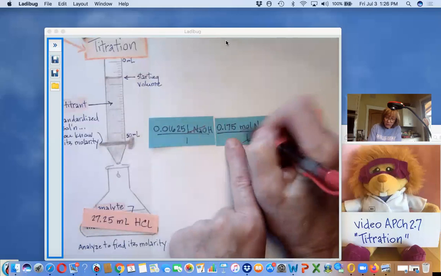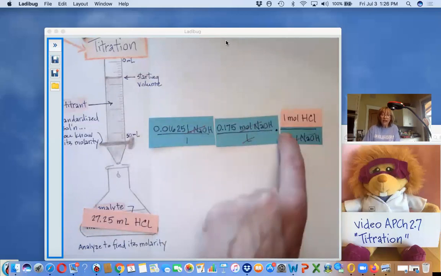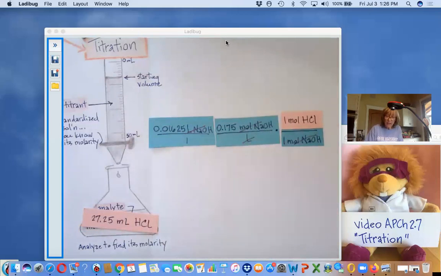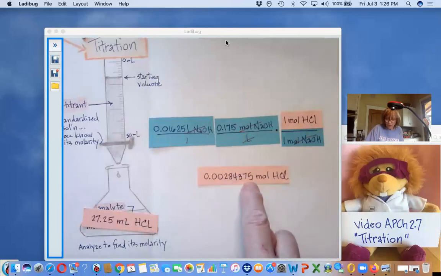So moles of sodium hydroxide divide out. Now I'll get my calculator, multiply through, and my answer tells me this many moles. See how many sig digs I took this out to. Titration is really precise work, so I'm not doing any rounding off yet.